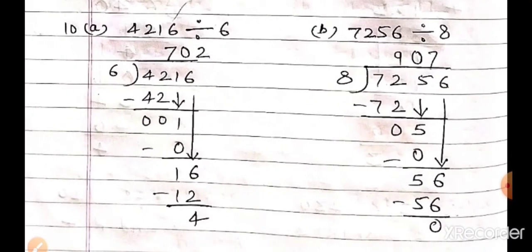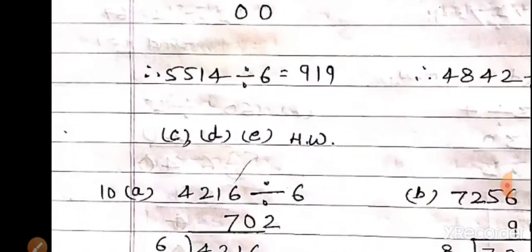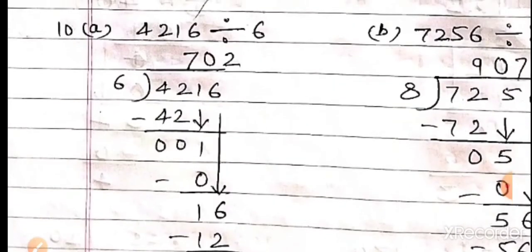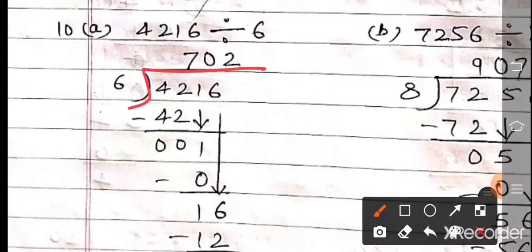Now the question number 10. 4216 divided by 6. So divide. 6 7 ja 42. Subtract 0 0. Now 1. Only 1 is here. So 6 0 ja 0, 0 times your divide will be. 1 minus 0, 1.